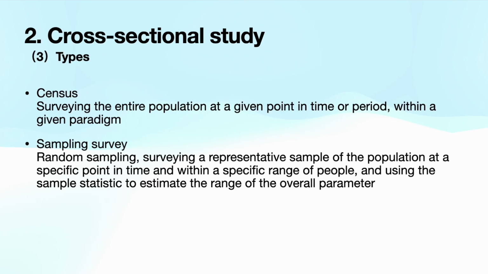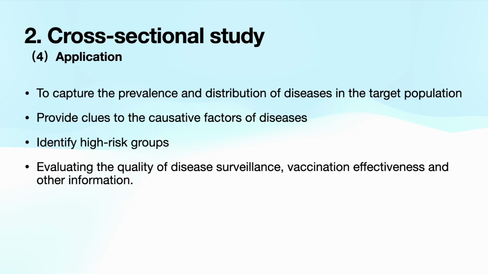It has two types. One is census, which is surveying the entire population at a given point in time or period within a given range. And the second one is sampling survey, a random sampling surveying a representative sample of the population at a specific point in time and within a specific range of people, using the sample statistic to estimate the range of the overall parameter.